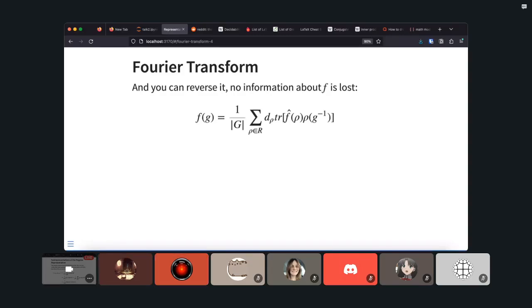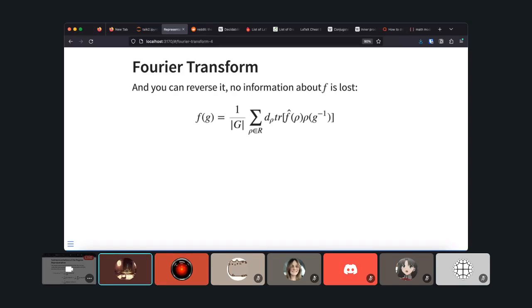Part of why I wanted to get you to think about irreps is that what I think is the core of this is that in the general case where the group isn't abelian, not all of the nice properties necessarily hold.